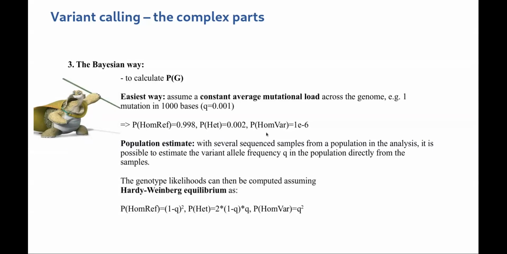This doesn't make much sense for 1 or 2 or 3 samples, but if you have sampled a population of, say, 1,000 individuals of your organism, you have sequencing data for these 1,000 individuals from one species, you can actually look at each variant site and say, is this a rare variant or is it one that occurs very frequently in this population?